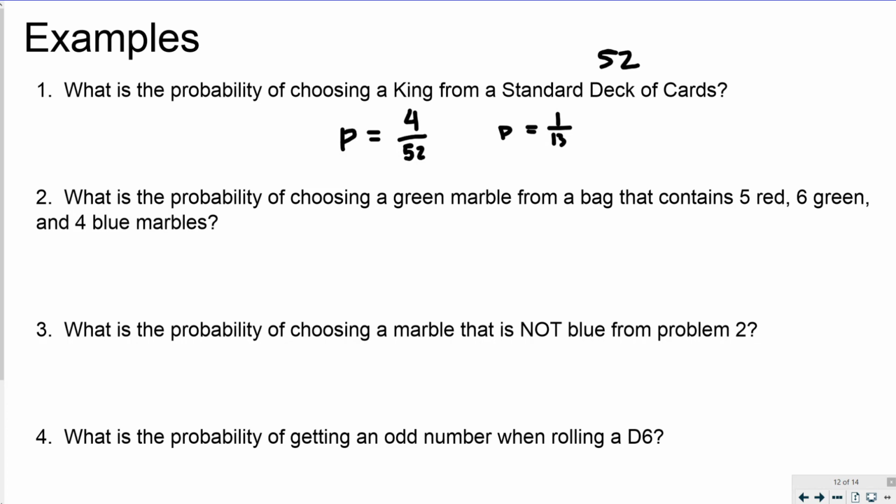What is the probability of choosing a green marble from a bag that contains 5 red, 6 green, and 4 blue? So that means there is a total of 15 marbles. I got that by adding up the 4, the 6, and the 5 to get my total. So that will be the bottom of my probability fraction.